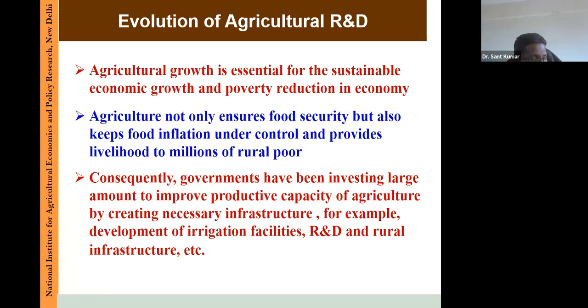Realizing this importance, the government has been investing large amounts to improve the productive capacity of agriculture by creating necessary infrastructure. For example, for the development of irrigation facilities, R&D, and rural infrastructure, the government invests large amounts every year.